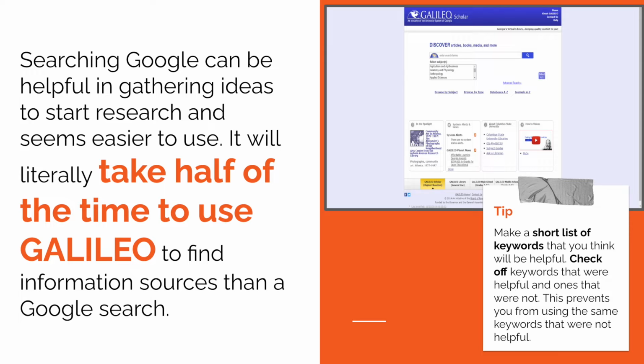Even using Google Scholar, a lot of times you'll find scholarly material, but it'll take you to a paywall, or it will take you to a link that is in Galileo anyway. So a lot of times you should just skip the Google search unless you're in the very beginning looking for different resources to kind of generate ideas on your topic. It's really just quicker and more efficient to go to Galileo.